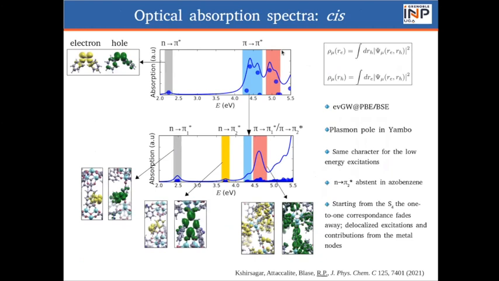So when you go to the BSE spectrum, this is the BSE spectrum of the azobenzene. You have the n pi star excitation and a very broad and continuous band here. And here what I'm plotting is the electron-hole density. So in the case of the full MOF, the spectrum is different indeed.